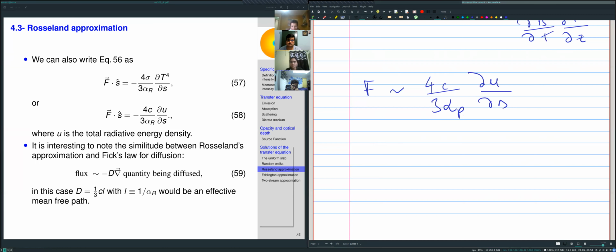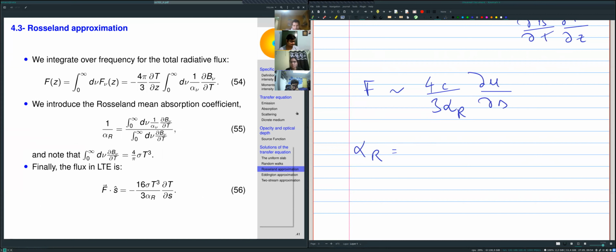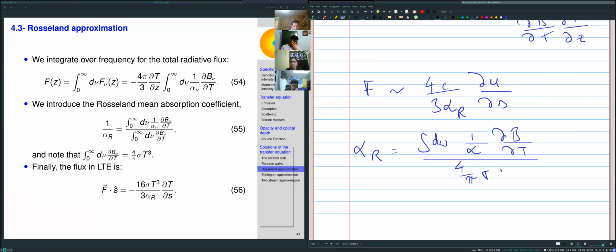And alpha is the Rosseland absorption coefficient, where the definition is this one: the integral over all frequency of 1 over alpha_nu times dB/dT, divided by the normalization, which is 4 pi sigma T cubed.